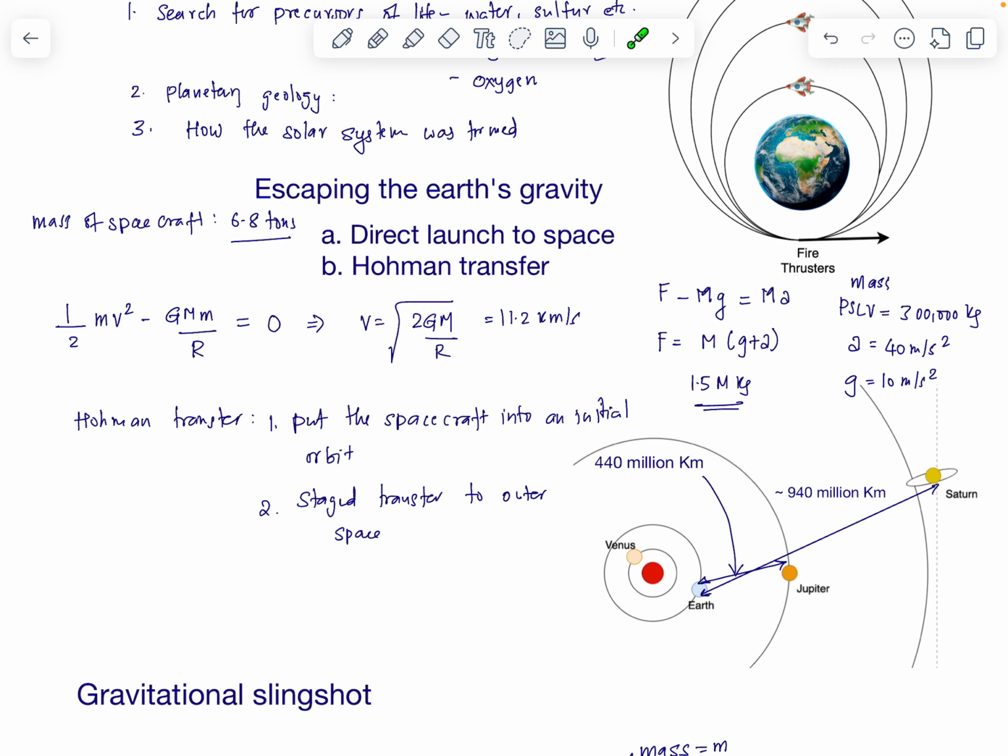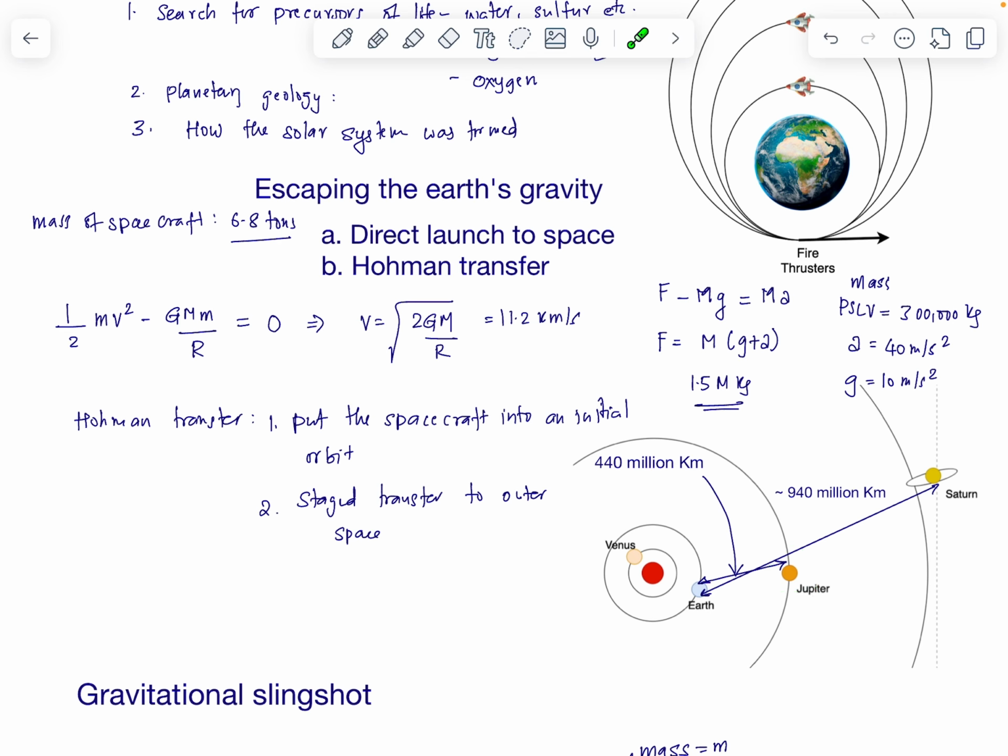But the point is that you need a tremendous amount of fuel to accelerate. And once you reach the planet, you need a tremendous amount of fuel to decelerate the spacecraft. Which means that you will not have much fuel left when you want to run your experiments. So what do you do?